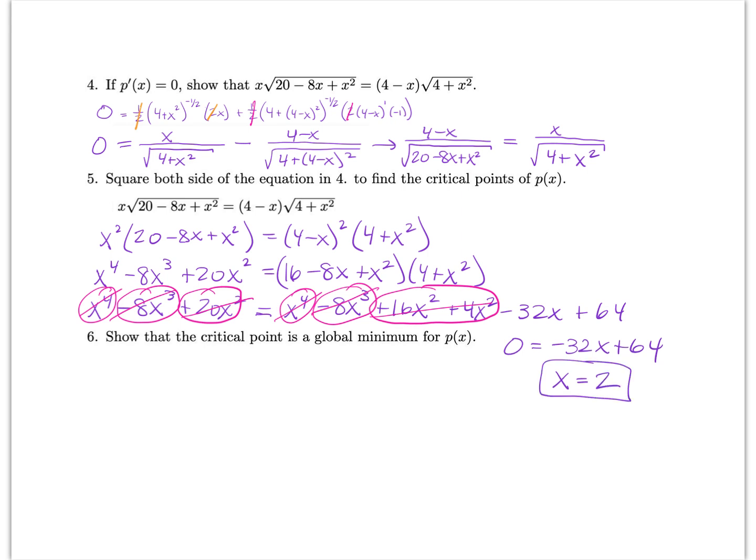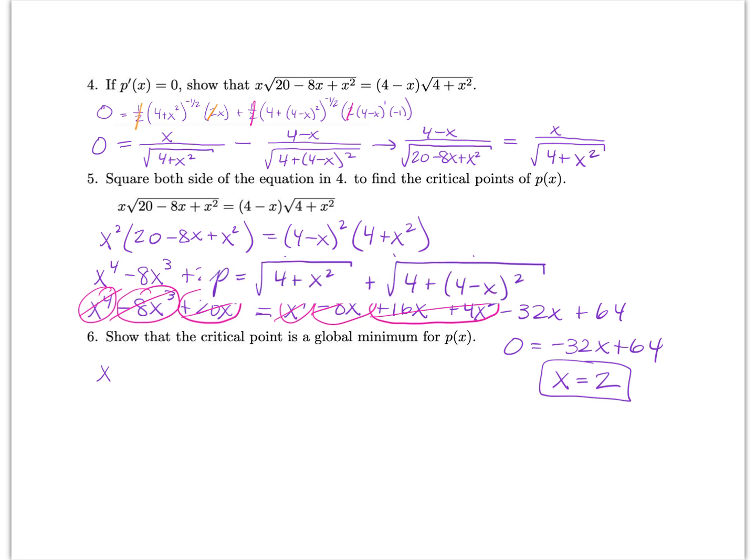That's our critical point. And then we want to show that critical point as a global minimum for P by making an XY chart where I'm going to have x and P of x. And I just grabbed P of x from our previous slide.